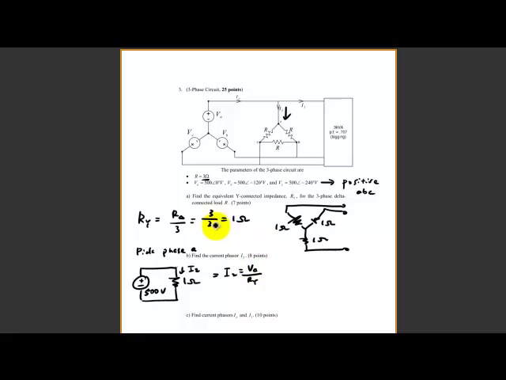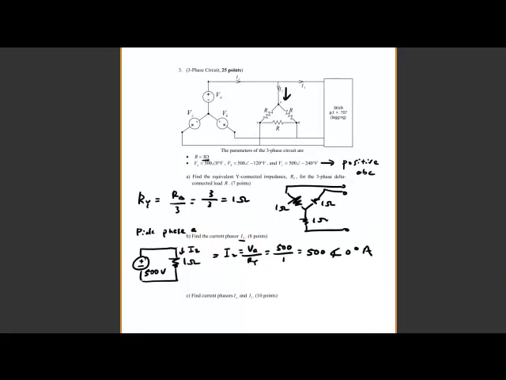RY we just found to be 1 ohm. VA is 500 volt, so 500 divided by 1 gives you 500 ampere. If I write it more precisely, I can say 500 with a 0 degree angle in this case, right? So that's the solution for I2, and that's what they are asking for exactly.